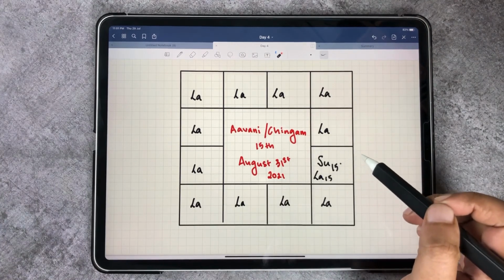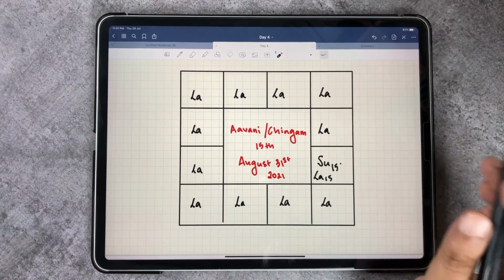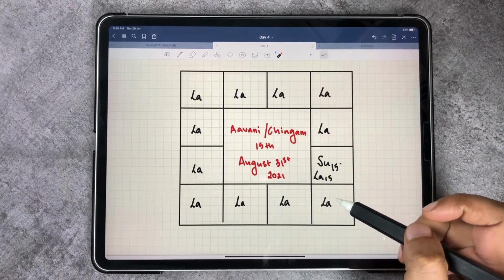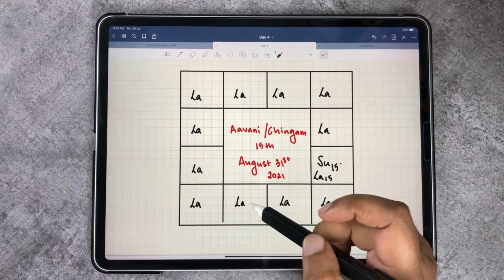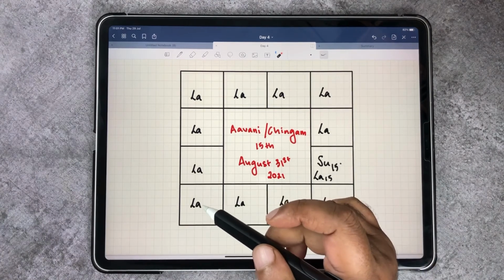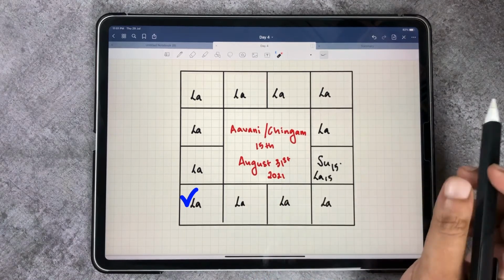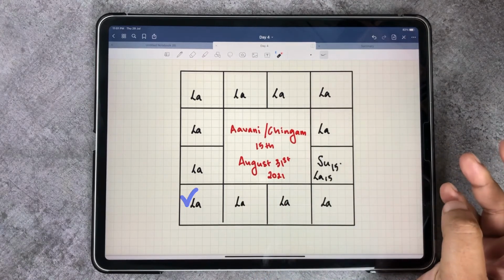Like let's say sunrise, 6 o'clock approximately. 6 to 7, 7 to 8, 8 to 9, 9 to 10, 10 to 11, 11 to 12, 12 to 1, 1 to 2, 2 to 3, 3 to 4. So, 2 o'clock to 4 o'clock p.m. would be his approximate time of birth.